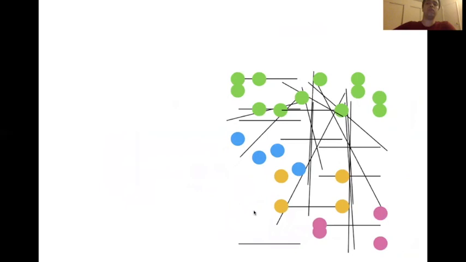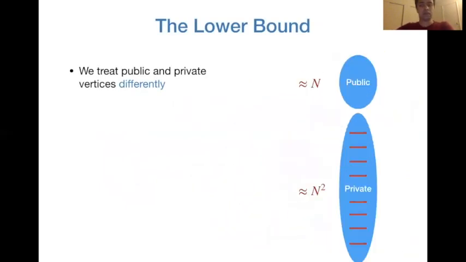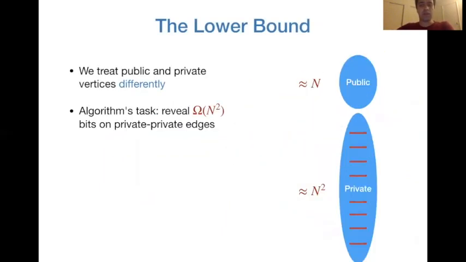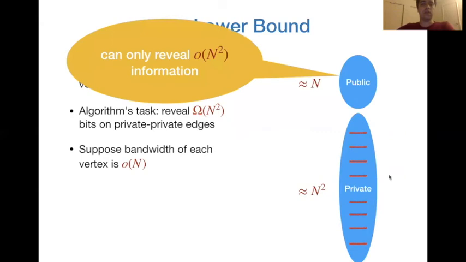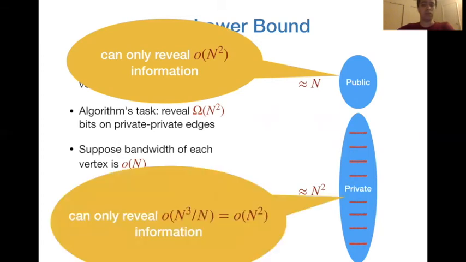So let's put all these things together. We have n public vertices and n square private vertices, and they have to together reveal omega n square information about these edges. But if the bandwidth of each of them is smaller than n, the public vertices can only reveal order n square, the total message size, which is a small o of n square.